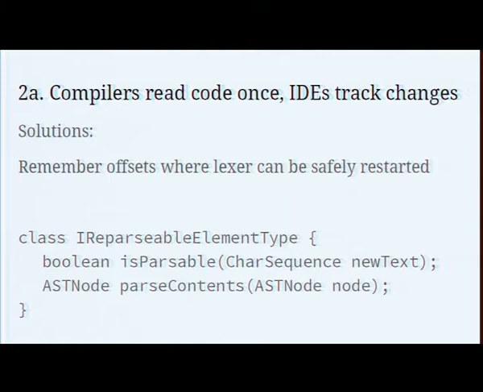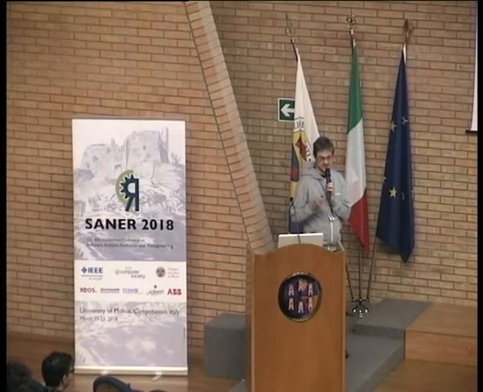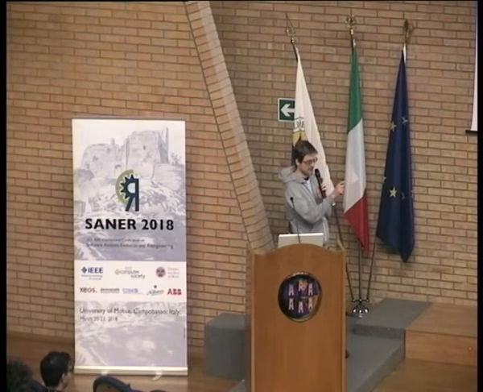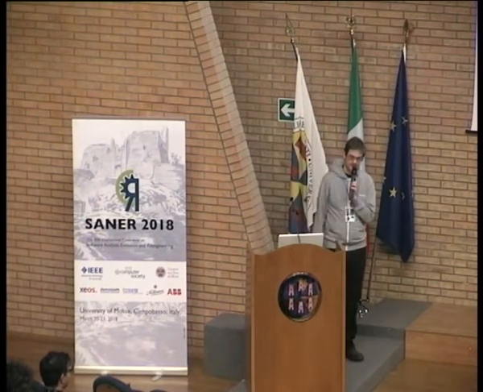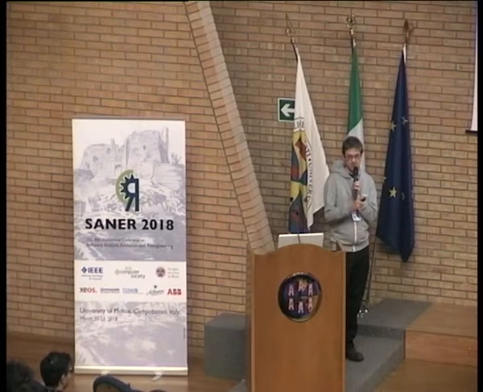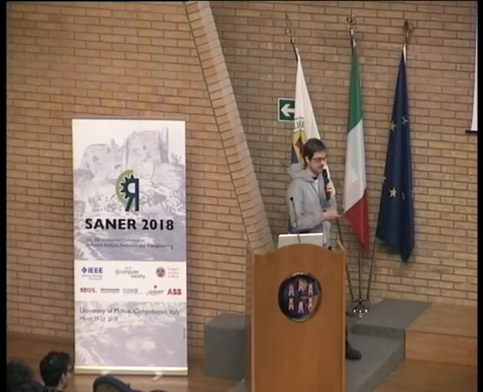And in that case, the parse contents method is invoked with the new text, and just the contents of this code block are replaced. And if the code block said no, we just go to the parent and ask it if it can reparse itself. In the worst case, we go up to the file and reparse the whole file.